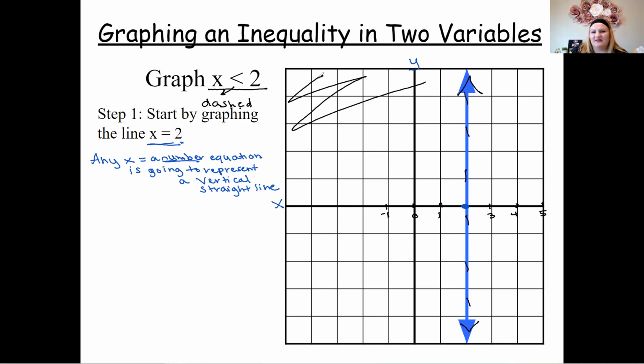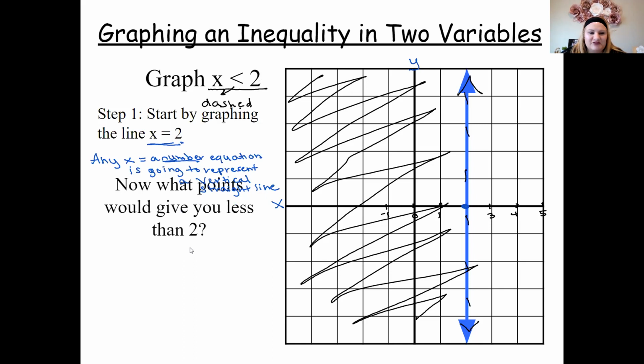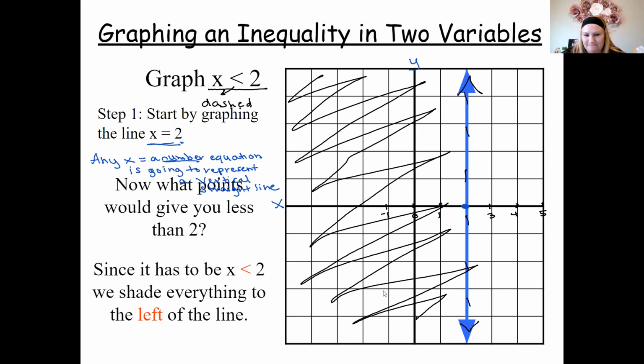So we would shade everything on this side because it says x is less than 2. What points would give you less than 2? All of these, everything to the left. So everything to the left, you want to shade. If it was greater than, you would shade the right side.